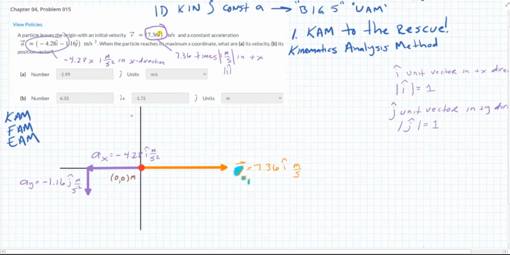If I'm talking about y, a unit vector can go up or down based on this sign. It's some number, 4.28 in my case, times the unit vector. This is my I hat unit vector. So that's a sub x, that's a sub y, in terms of the givens.